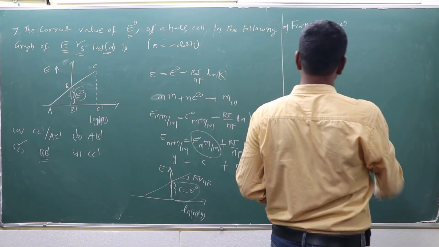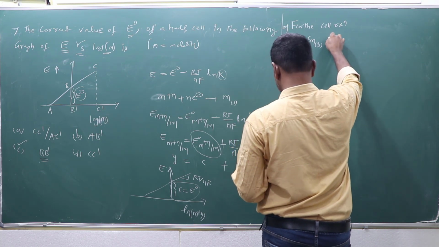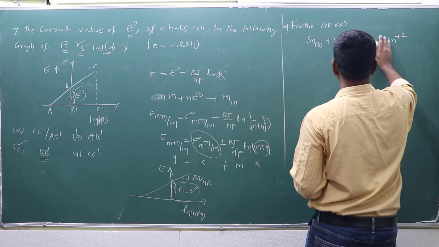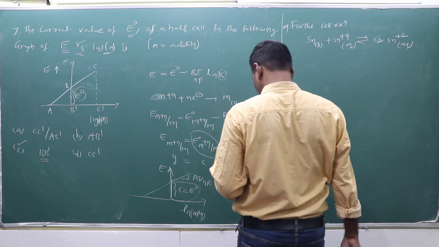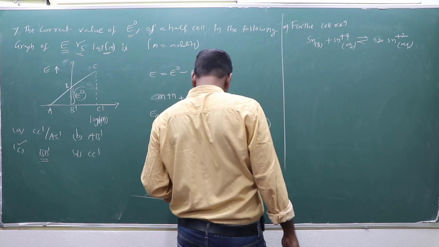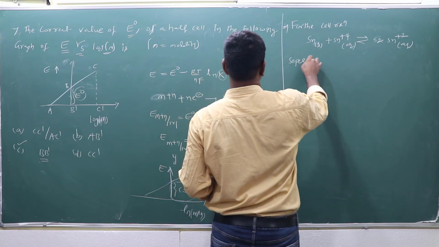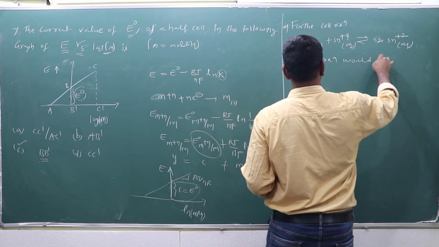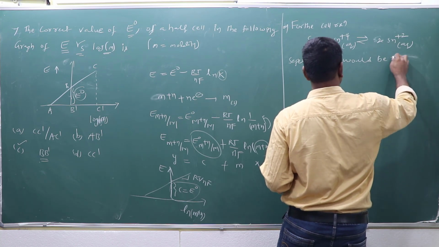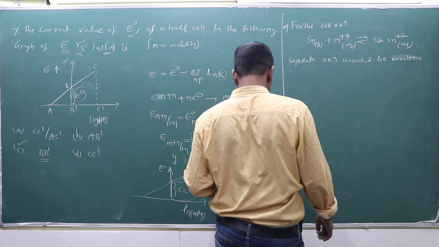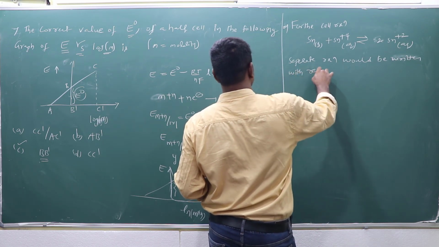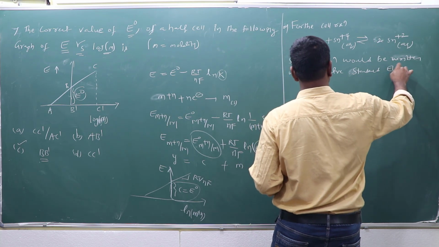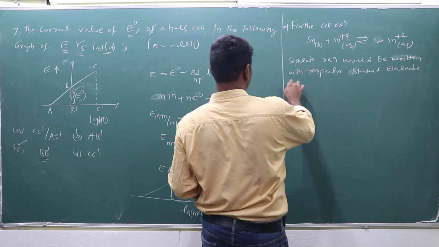For the following cell reaction, tin solid plus Sn4 plus aqueous going to 2 equivalents of Sn2 plus aqueous, separate electrode reactions would be written with the respective standard electrode potential data at 25 degrees centigrade.